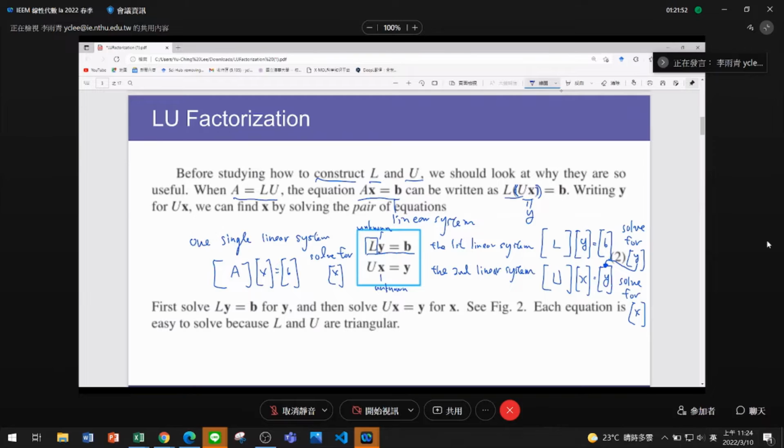Well, there must be some benefit, otherwise we wouldn't bother to introduce the LU factorization and the process of solving two linear systems, two times. So where can the possible benefits come from? What are the reasons that these two linear systems turn out to be easier?